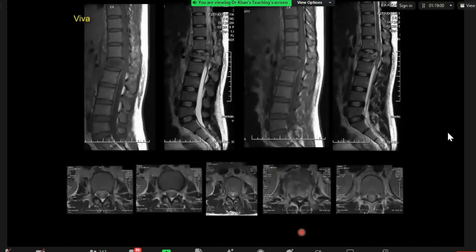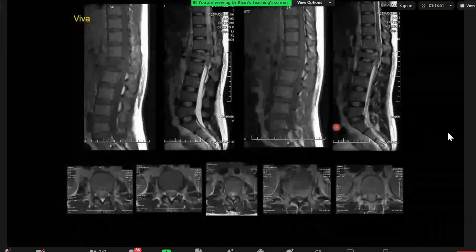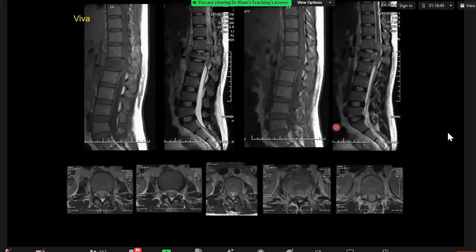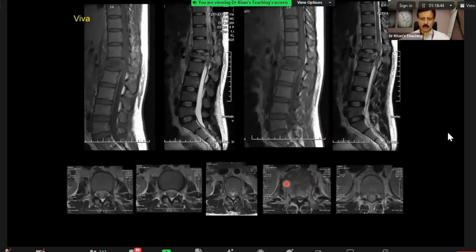There is myelopathic signal change in the cord at this region. And looking specifically anteriorly for any paravertebral collection. How will you report this finding here?